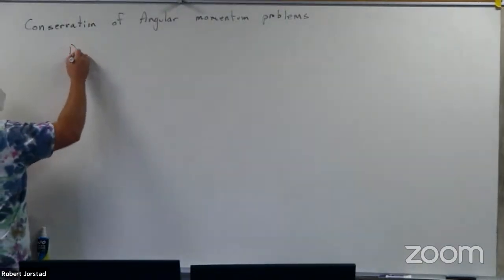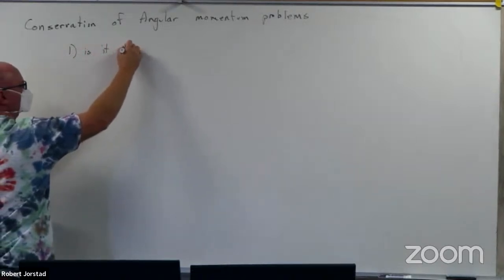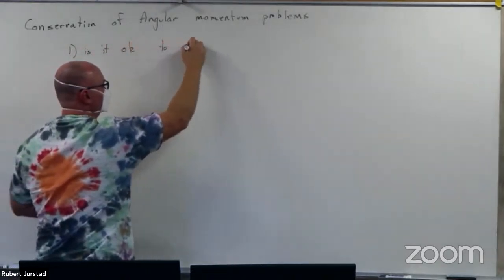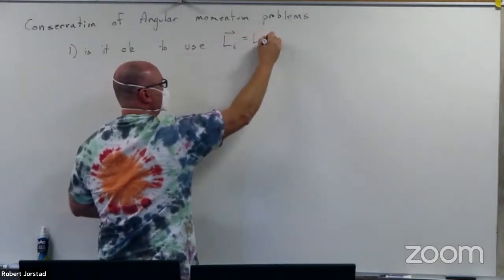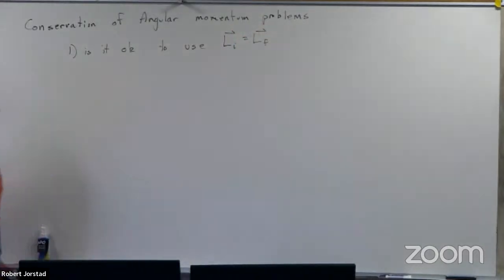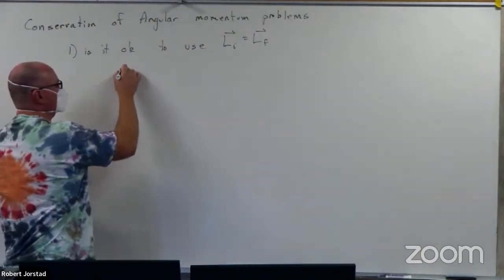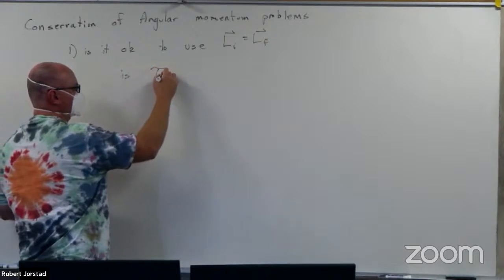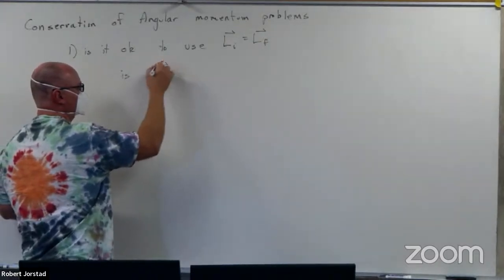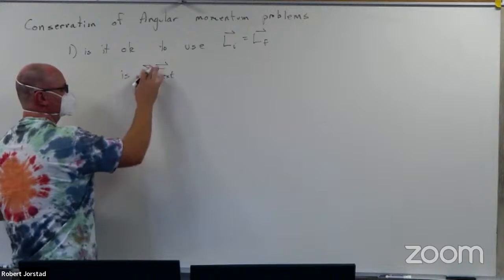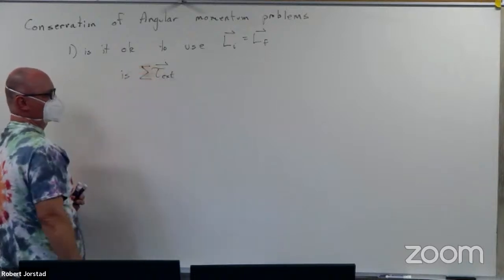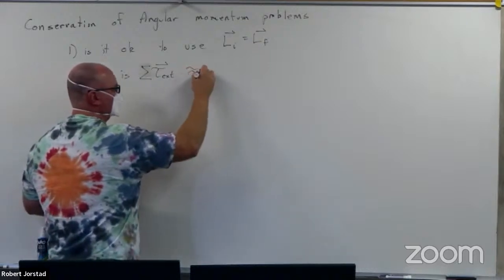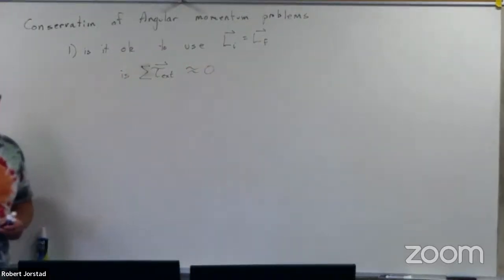So first step, it's a lot like the chapter 9 strategy. First, we need to verify it's okay to use that. And by that I mean, is the net external torque, the sum of external torques, approximately equal to 0?